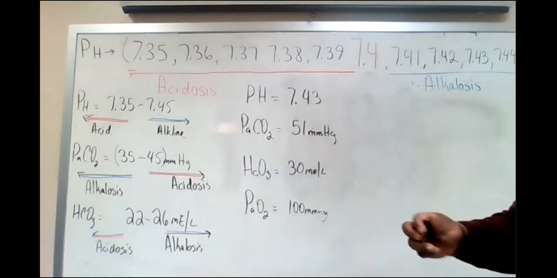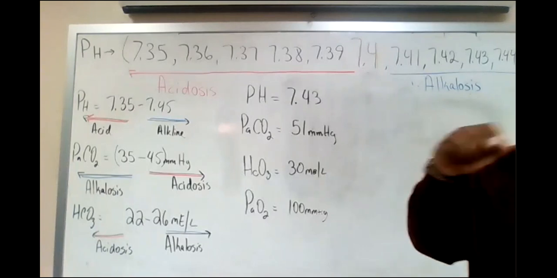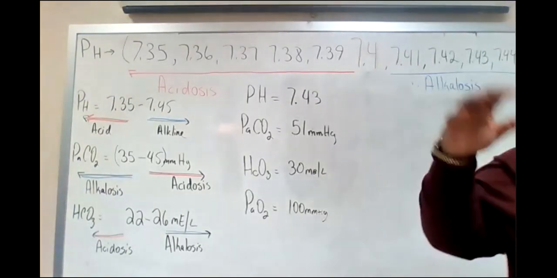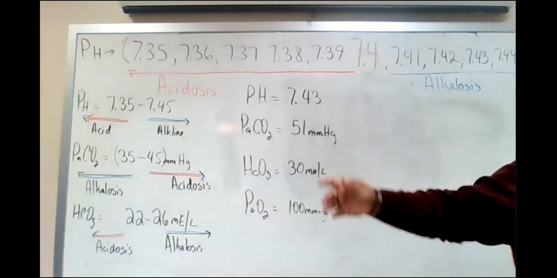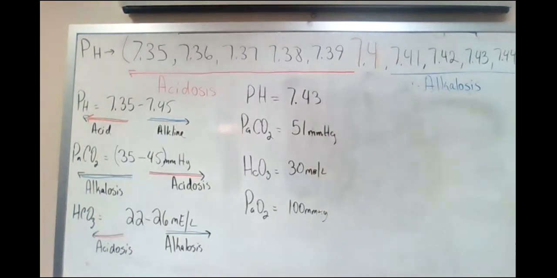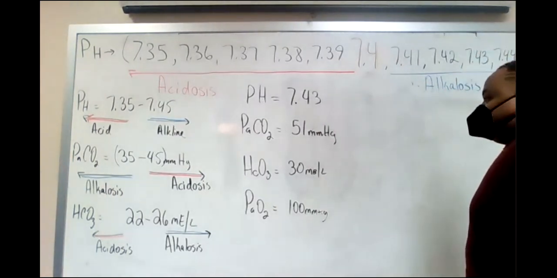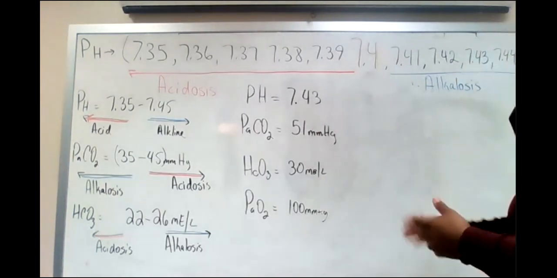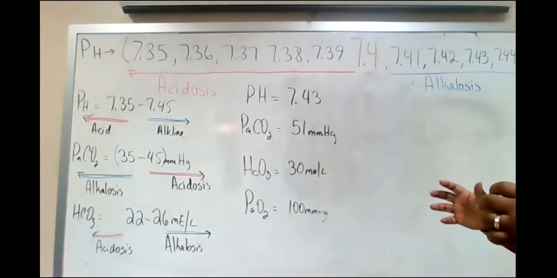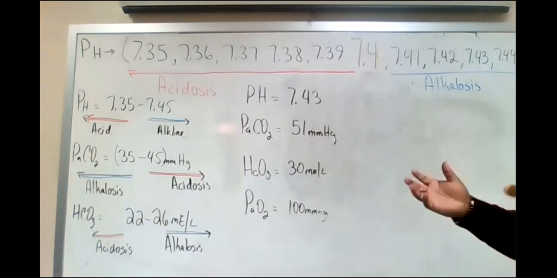Those same rules that I put up there, guys, are also in the module. One of the pictures in this module has all the rules, so you can look at that if you need to. Like I said, this is as hard as the ABGs get. It's the fact of just knowing what unit is what and which way is acid or not.